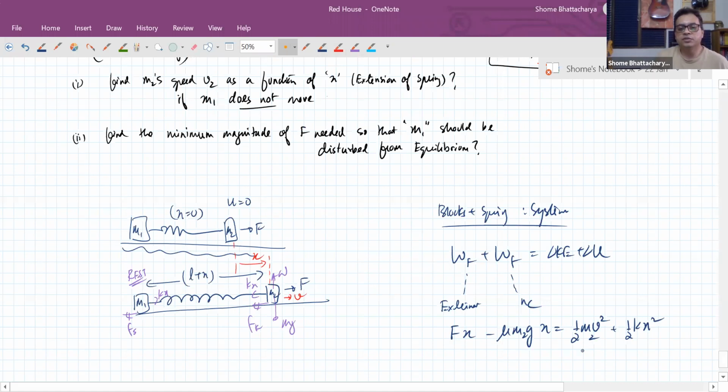So the speed of this one, v2 or whatever, so this is v2. So from this you can see that the kinetic energy of this block, half m2 v2 square, is equal to a quadratic function of x.